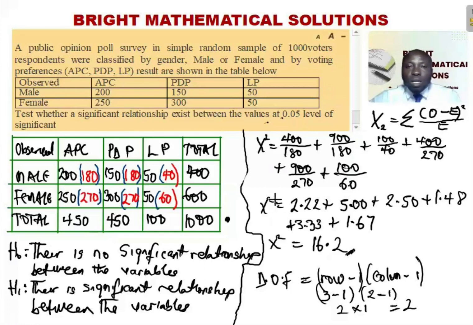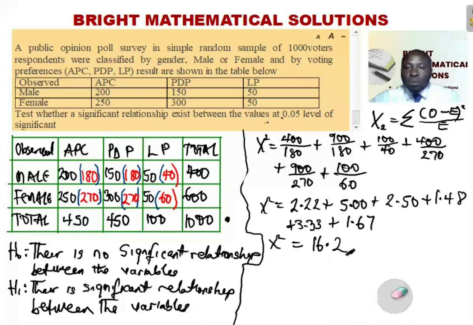So 2 under 0.05, I got 5.99. So this is x tabulated, and this is calculated. Now let us go to a decision box.